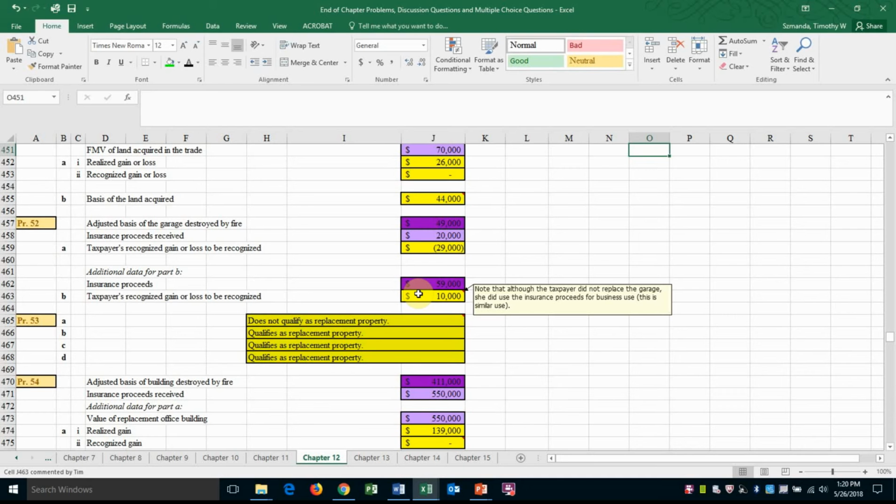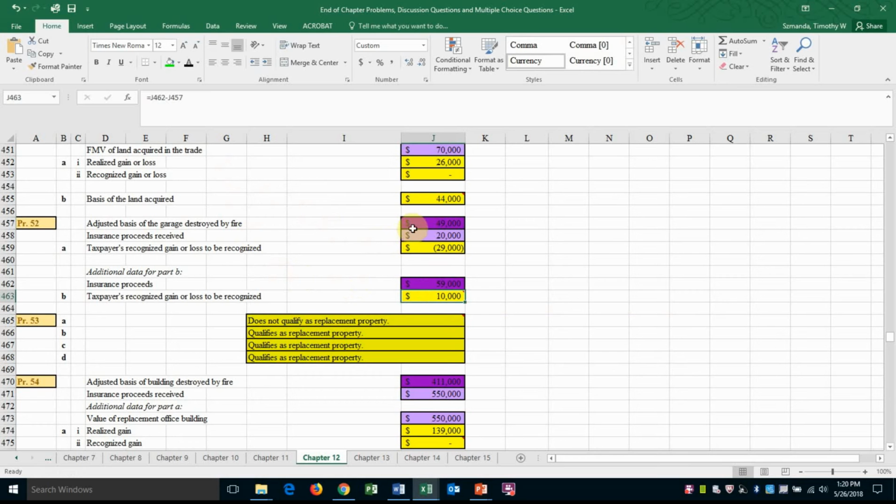So if it's considered a similar use, then in this case we would have to deduct the insurance proceeds against the amount of the basis, which is 49,000, and 59,000 minus the 49,000, using my figures, is $10,000. The insurance proceeds exceeded the adjusted basis destroyed by the fire, and that triggers a gain that must be recognized.